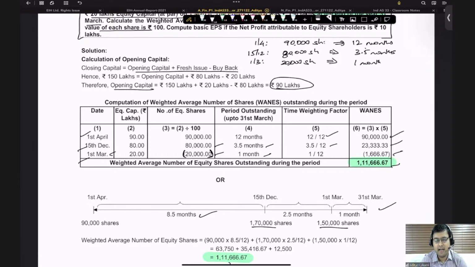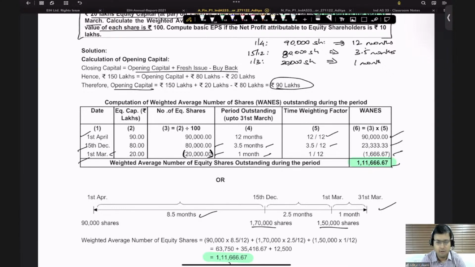There is a chance that I'll miss the 15th December data in my presentation. But with a timeline, the chances of a mistake are fairly reduced because you actually plot the dates, and you look at the movement. Straightforward. Just take the movement, weight it for time, and you are done with your weighted average calculation.